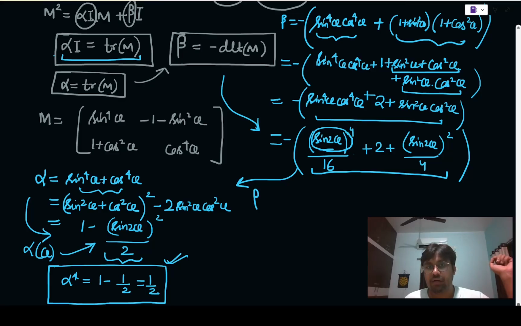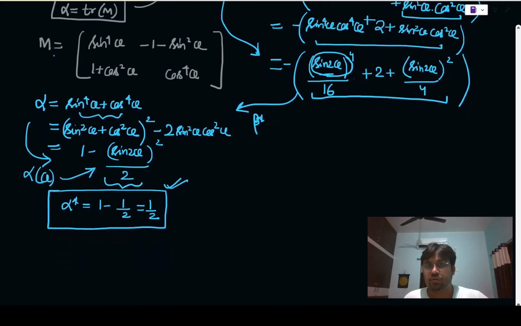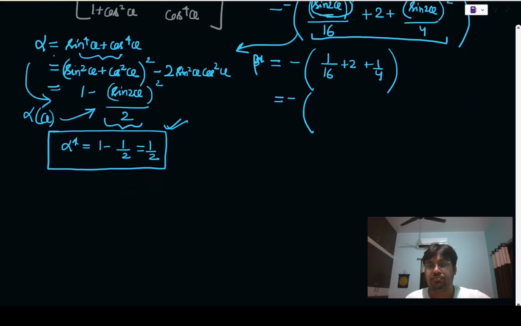So the minimum value beta star will come out to be, you just plug sine 2 theta as 1 in this equation, it will be 1 by 16 plus 2 plus 1 by 4. You need to normalize it. This is negative of, I don't know, so 2, 16, 32, 33, then plus 37 upon 16. This is my beta star.